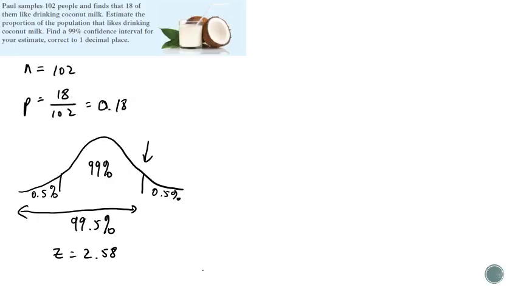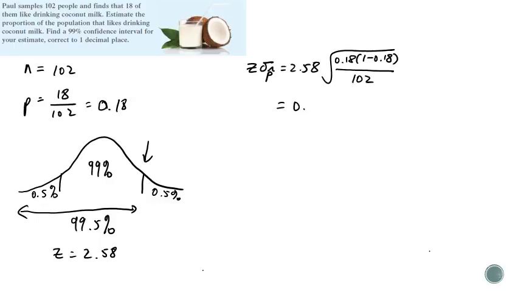Putting this in like before, z sigma gives us 2.58 times the square root of 0.18 times 1 minus 0.18 over n, which is 102. This then gives us 0.098.